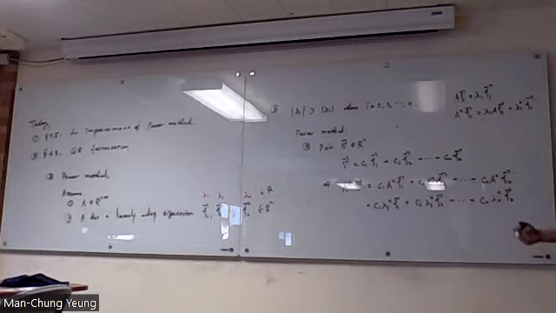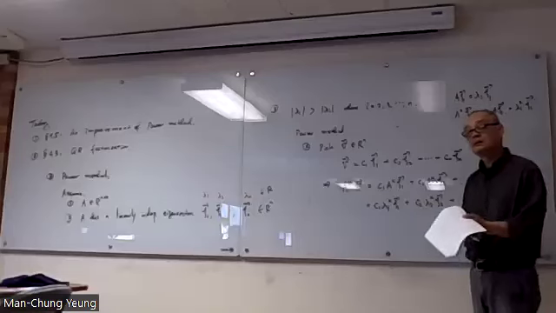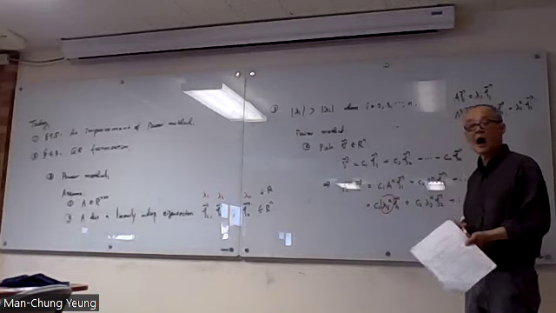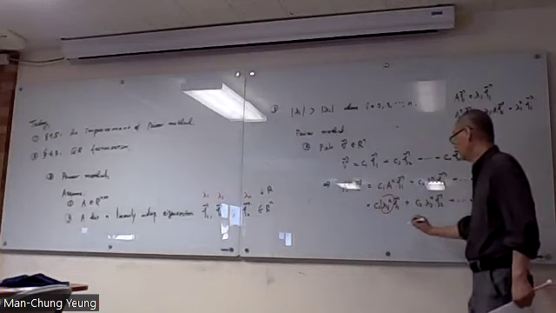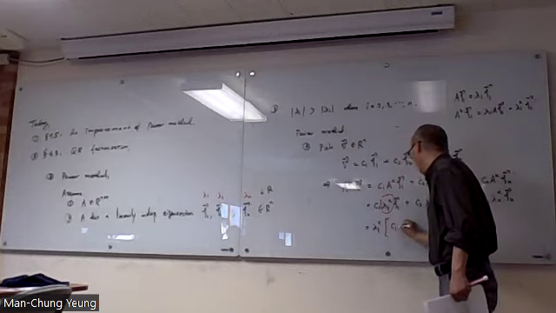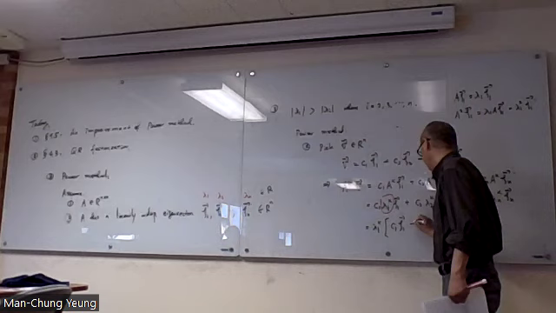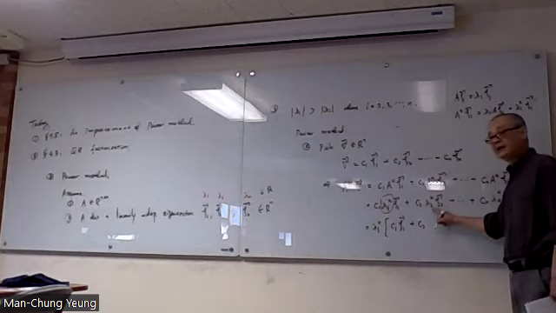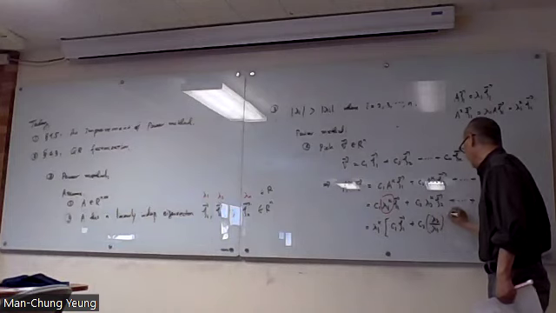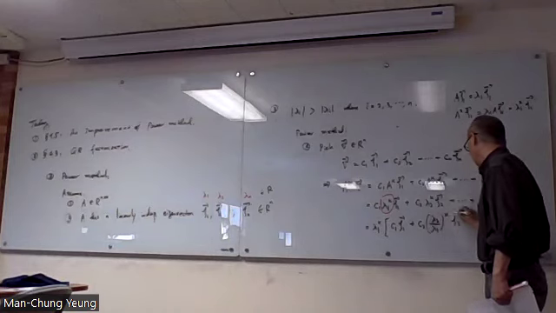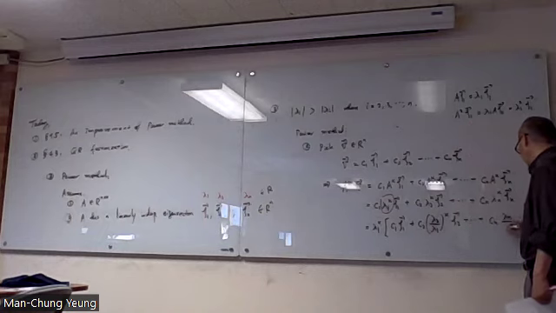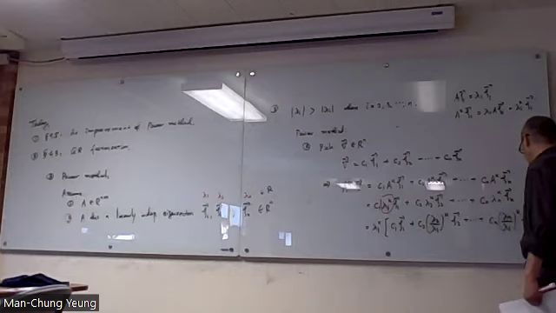Now take the dominant eigenvalue out, factor it out. You get lambda 1 to the k times C1 psi 1, plus C2 lambda 2 over lambda 1 to the k psi 2, up to Cn lambda n over lambda 1 to the k psi n.